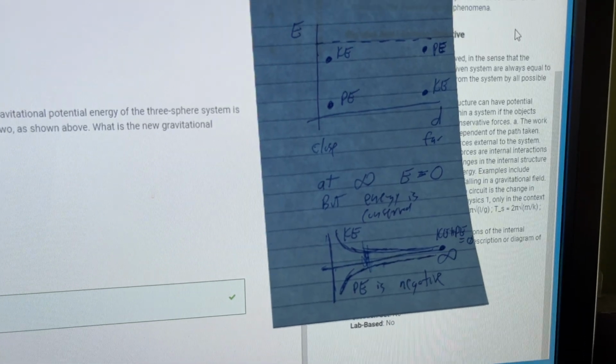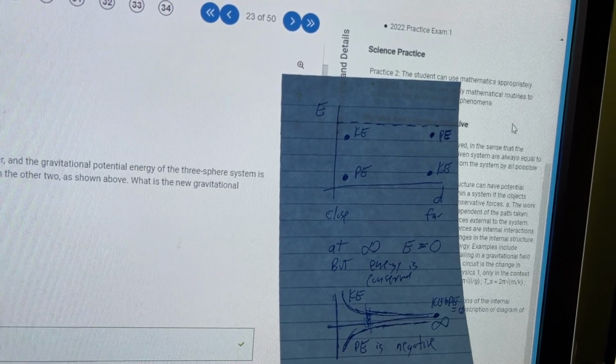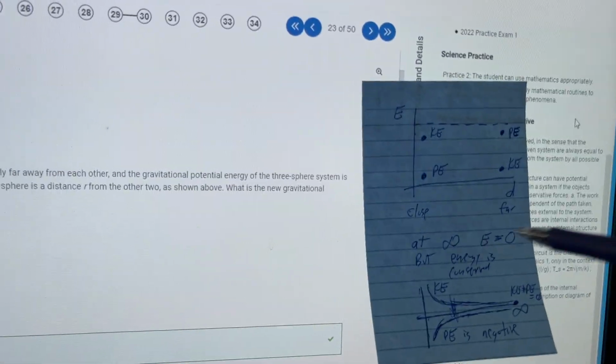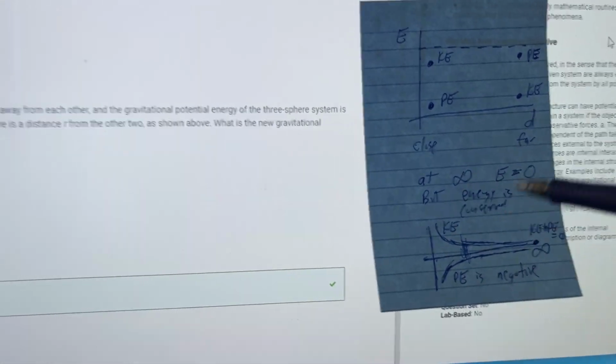So, I don't know of an easier way of stating it other than this here at the bottom, right? This is the usual way of explaining it.